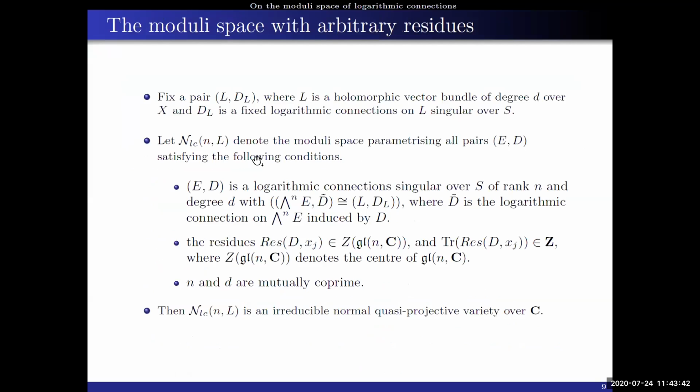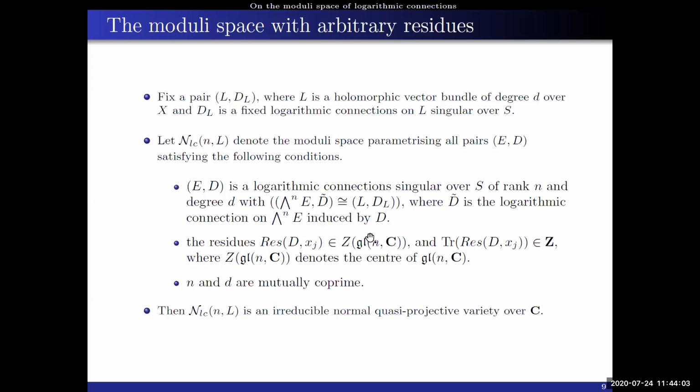Now, with arbitrary residues also, we can characterize algebraic functions. So we fix a pair (L, DL) as above, but without fixing residues. I'm not fixing residues here at all. NLC NL denotes the moduli space parameterizing all pairs (E, D) satisfying this condition. N and D are mutually coprime, as you know.